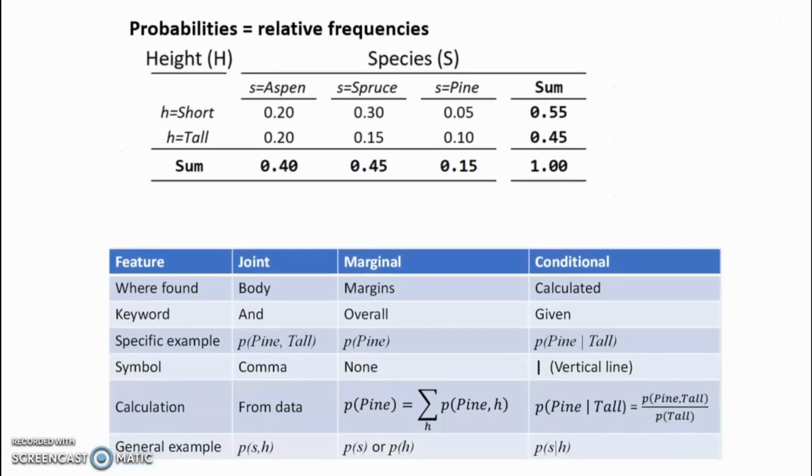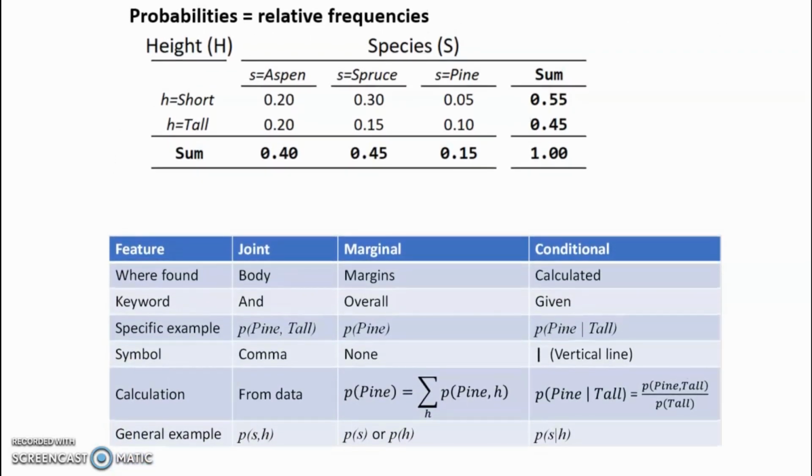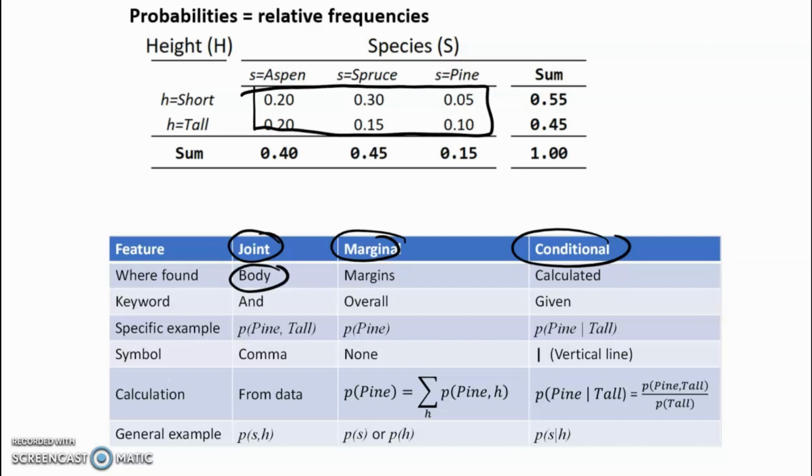So, just as a summary, joint, marginal, conditional probabilities. Where are they found? The joints are found in the body of the table. The marginal probabilities are found in the margins. The conditional probabilities, they're arrived at by calculations.